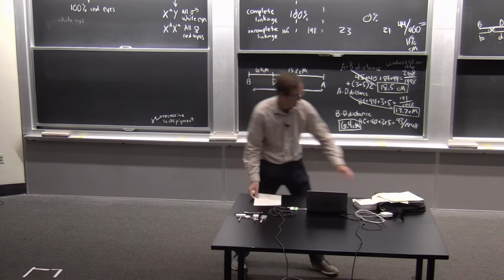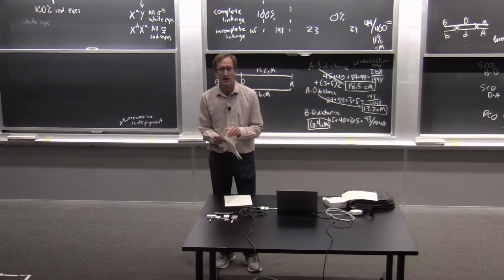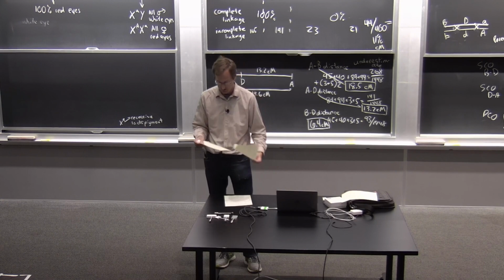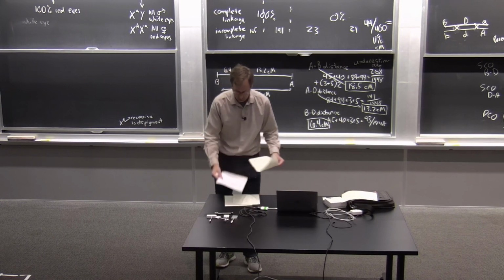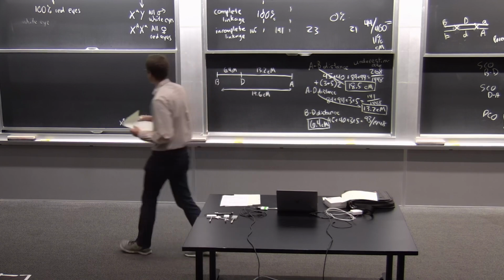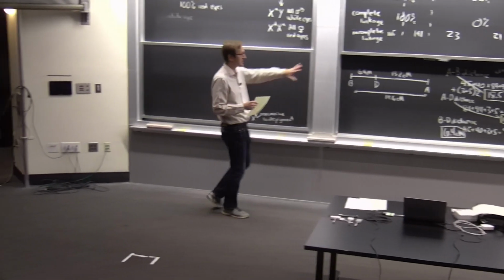How is that? Is that clear to everybody? You're going to have to make maps like this on the problem set and possibly the test. So make sure you can do it.